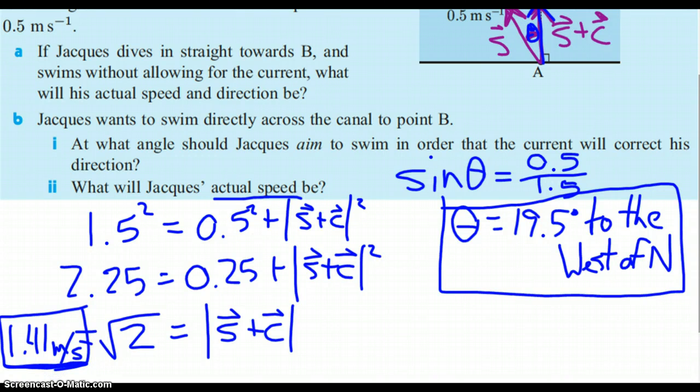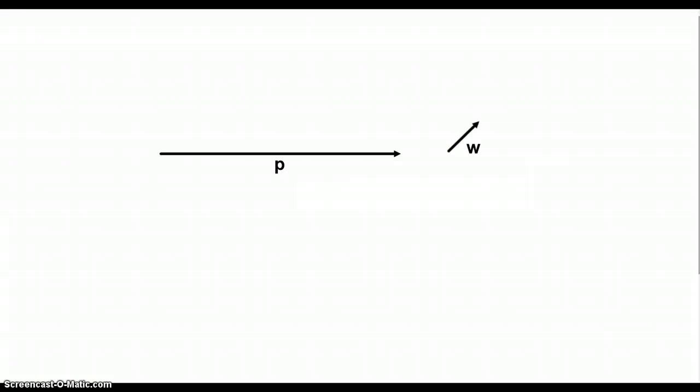Okay, if you think back to the problem we had at the very beginning of this unit, we had an airplane that was flying due east, and we had a wind affecting it. In order to figure out what that plane is actually going to do, we have here vector addition.